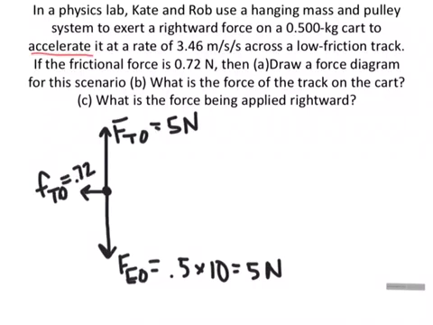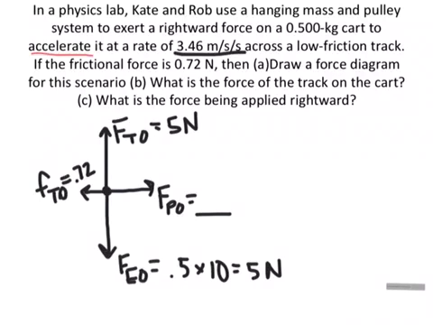And then we know that it's accelerating to the right, so we are going to have a longer vector than friction to the right, and that's the force that the pulley is pulling on the mass. So I'll just say the force of the pulley on the object, and we don't know how much that is, but they did give me in the problem my acceleration value.